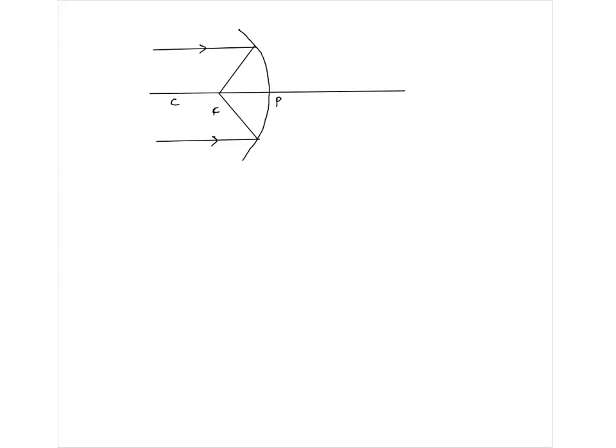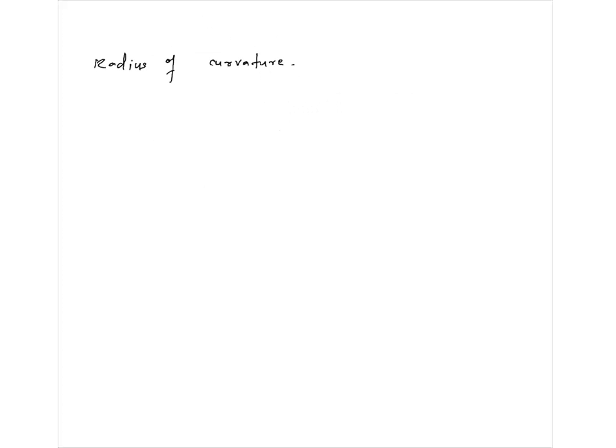For assignment, I am giving you a very simple question. When we said that this thing is cut from a spherical shell and that center was C, then from P to C, this is called the radius of curvature, right?